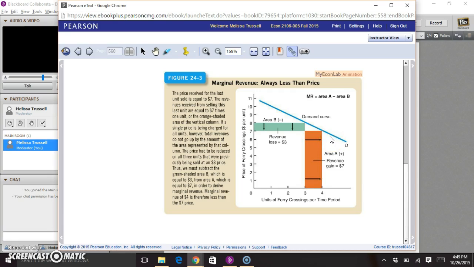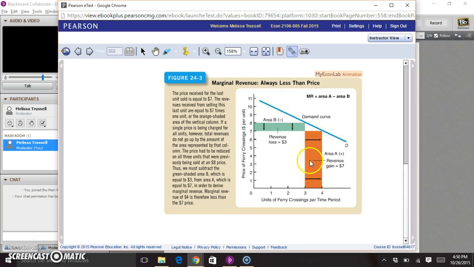This little example shows us, and this would work for any general example, why the marginal revenue curve is always below or less than the demand curve, because the demand curve sets our price, and for a monopolist, when we choose our number of trips or our number of units that we're going to sell or provide, we also have to choose a price based on the demand curve.